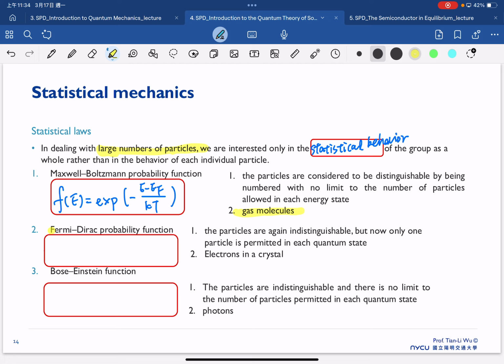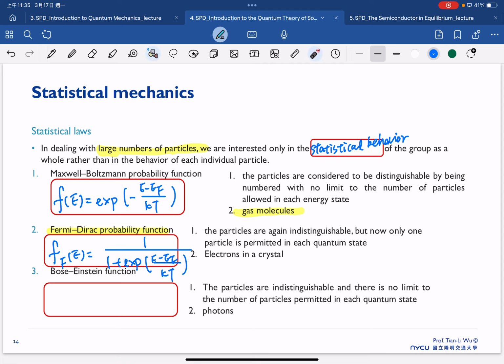But the second one is more related to our case, which we call the Fermi-Dirac probability function. In the case of Fermi-Dirac, it can be written as F(E) equals one over one plus exponential of E minus EF over kT.